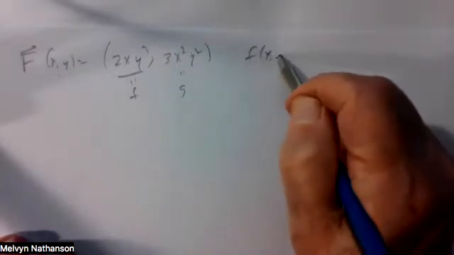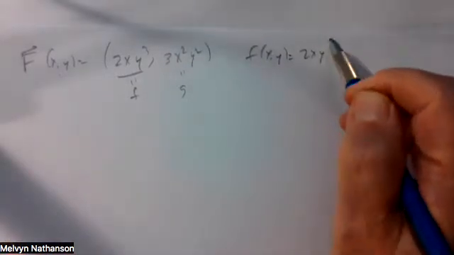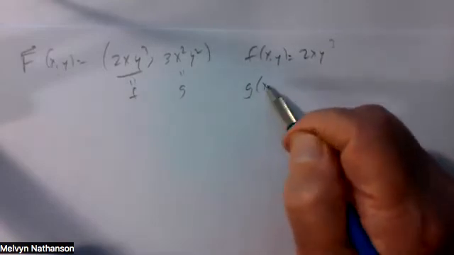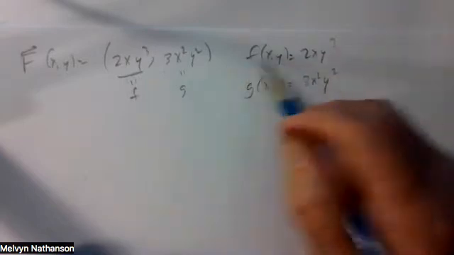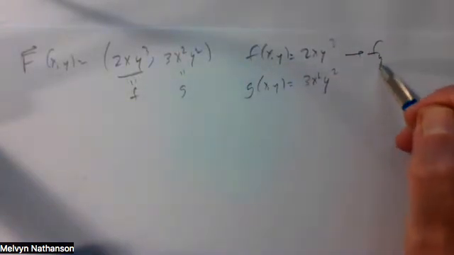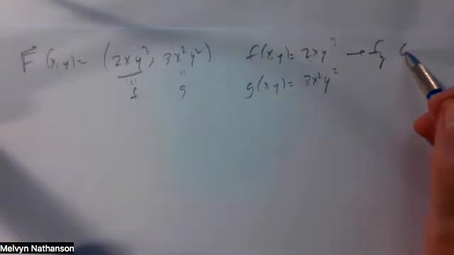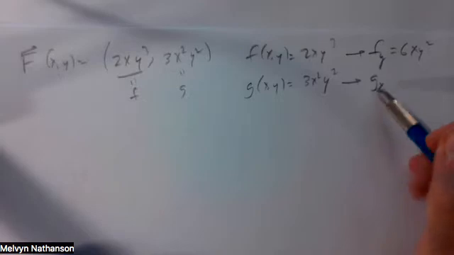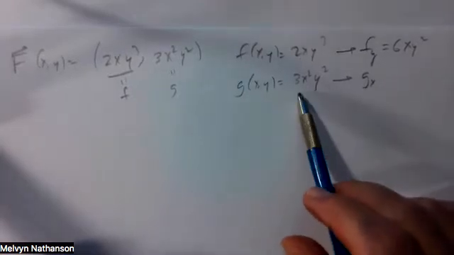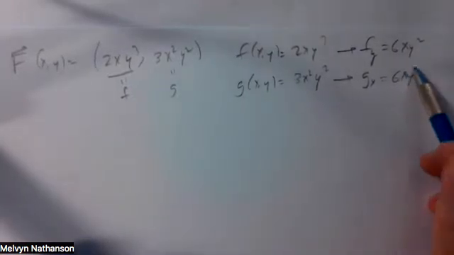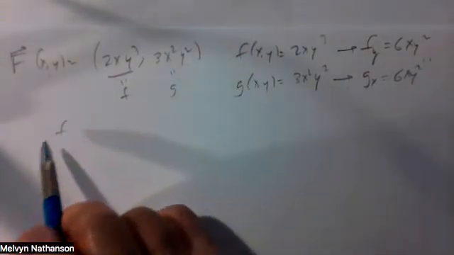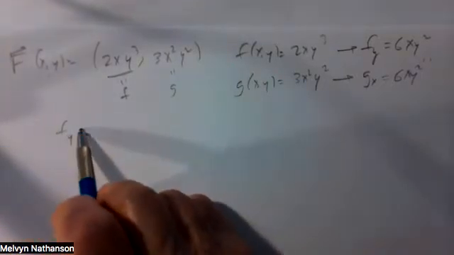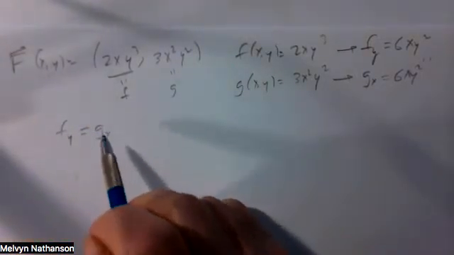That is, f of x, y is 2x y cubed, and g of x, y is 3x squared y squared. If we take the partial of f with respect to y, we get 6x y squared. If we take the partial derivative of g with respect to x, we get 6x y squared. These are equal. So for this vector field, the partial of f with respect to y equals the partial of g with respect to x.